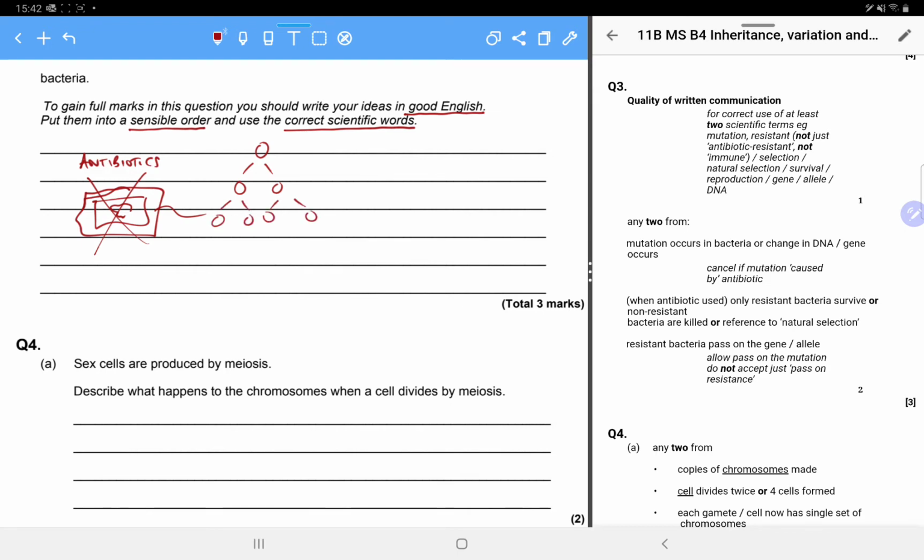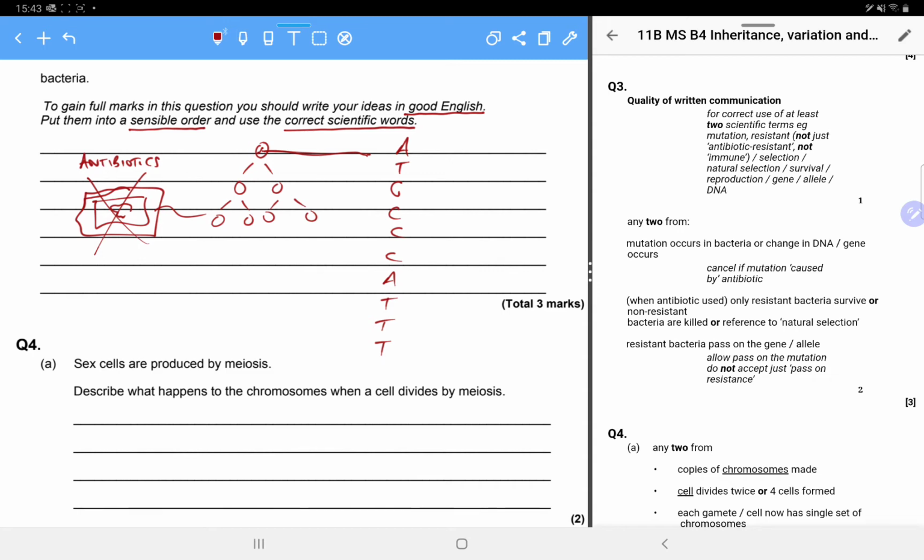Now, every so often, by the process of mutation, there will be a change in the DNA of this bacteria. So if we're going to go through this, we know that DNA is made of ATGCs. So imagine if we had ATT, and this was the gene sequence of bases in the bacterial DNA.